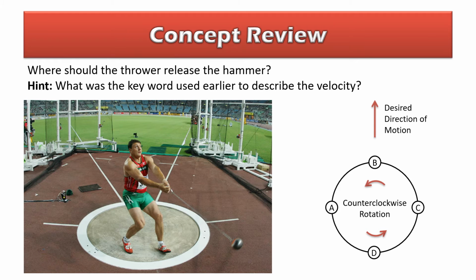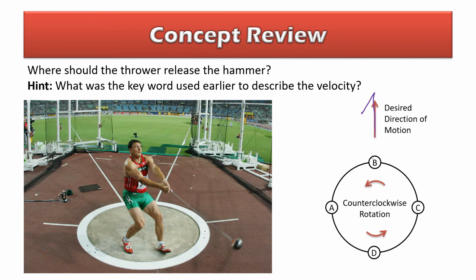The direction of the velocity is tangent to the circle. So if they did release it here, the velocity at that position is pointing this way. So that hammer would continue to move in this direction instead of this direction, and whoever's standing over here, hopefully nobody, would get a hammer in their face, which is not fun.